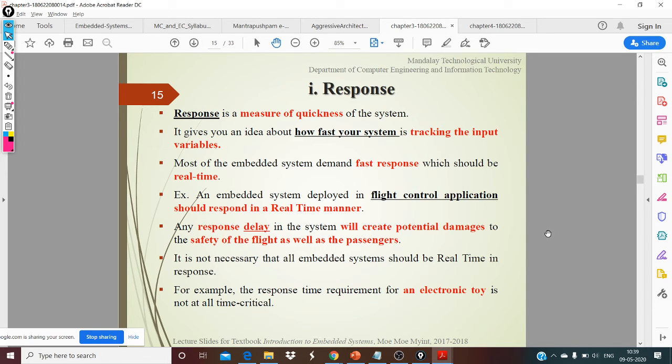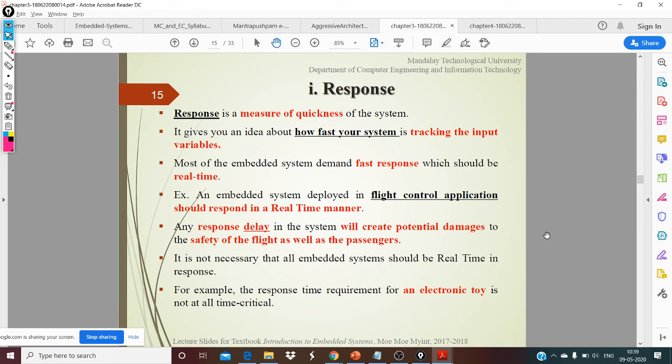Think about it. I'll give you an example. Let's take an ATM as an example. Tell me, what is response time with respect to an ATM?